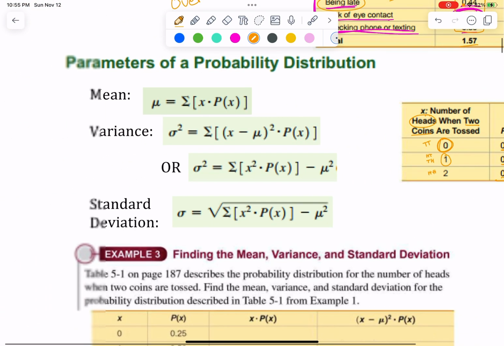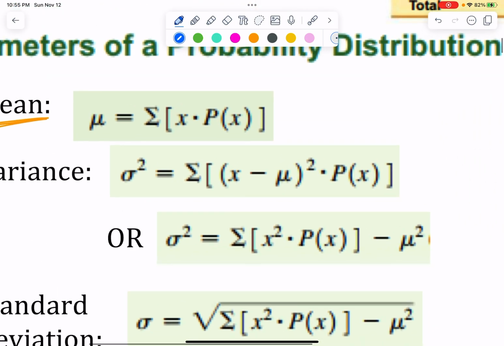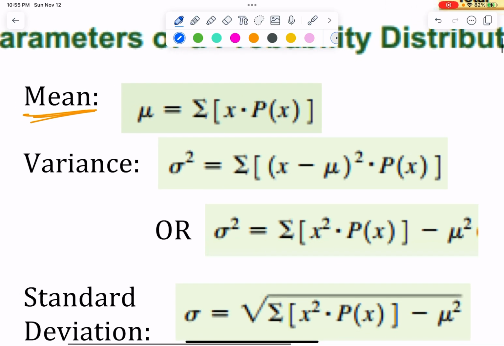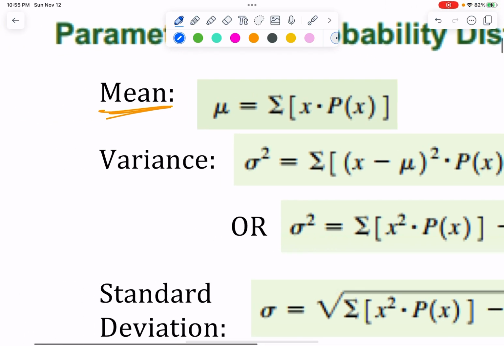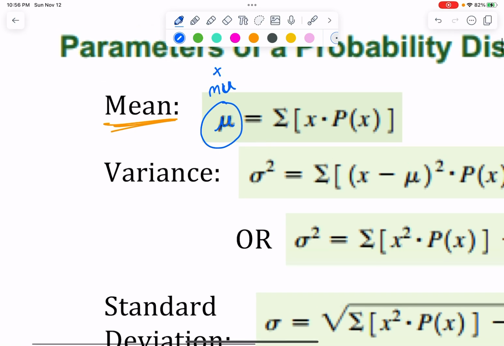They want us to find the average or the mean number of heads, right? So there's a formula for this, so let's break this down. This symbol right here is mu. We've talked about him before, but he's like a scripted U. He is called mu, and he is similar to X bar, which is what we use for the average. It's just that mu is what we use for a population.